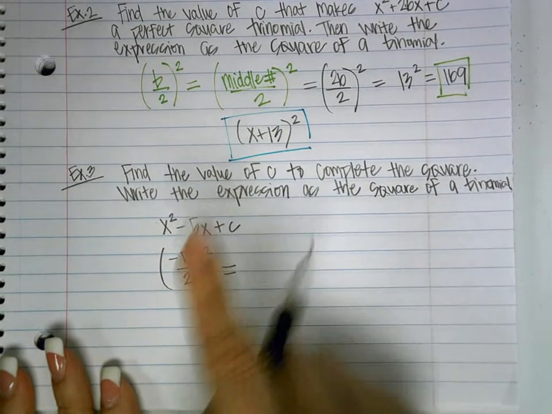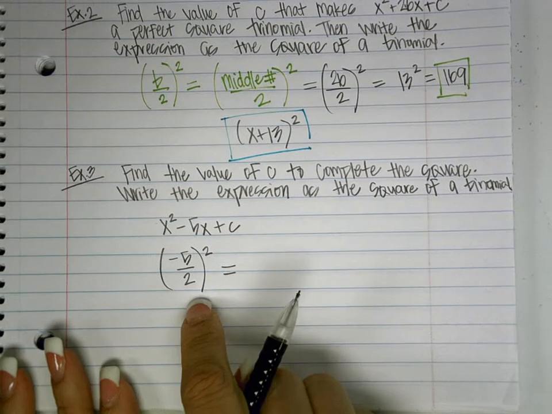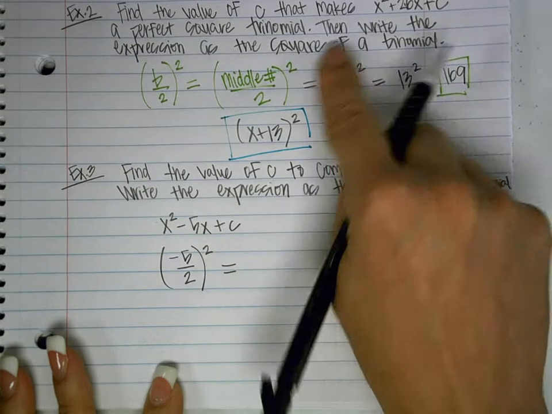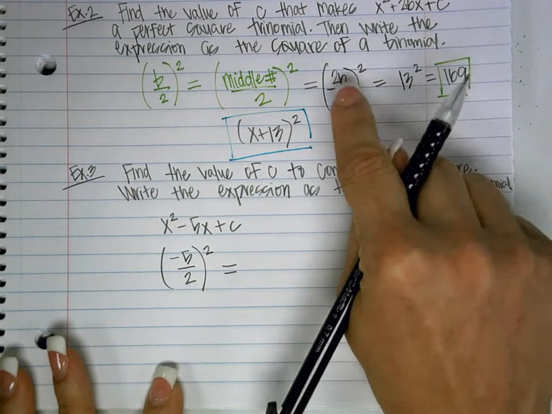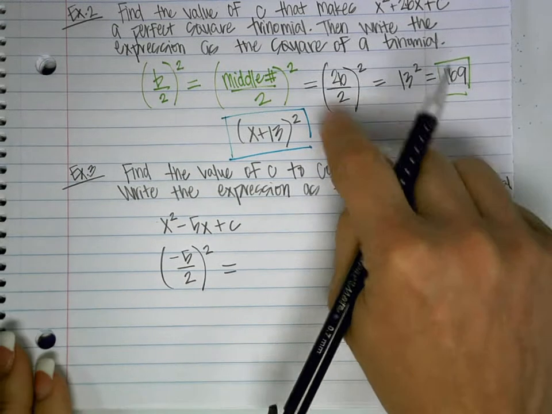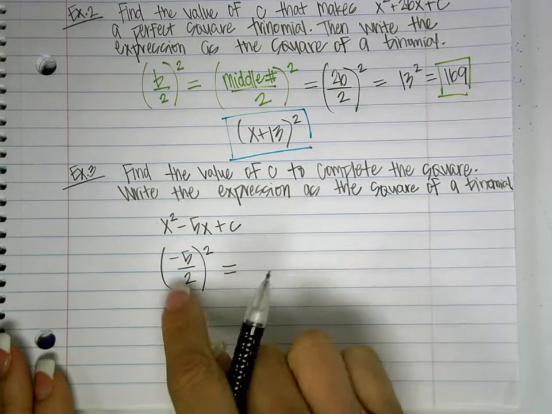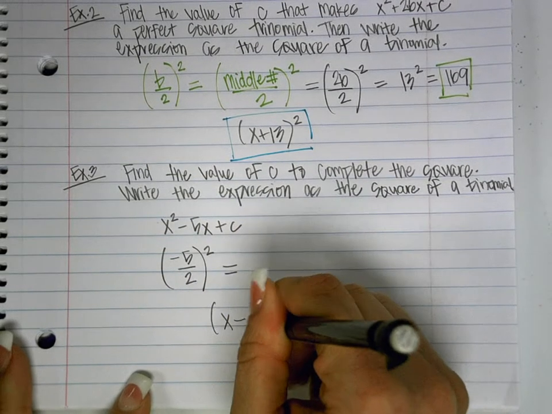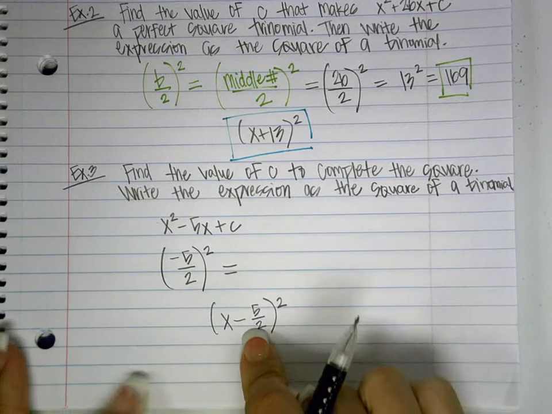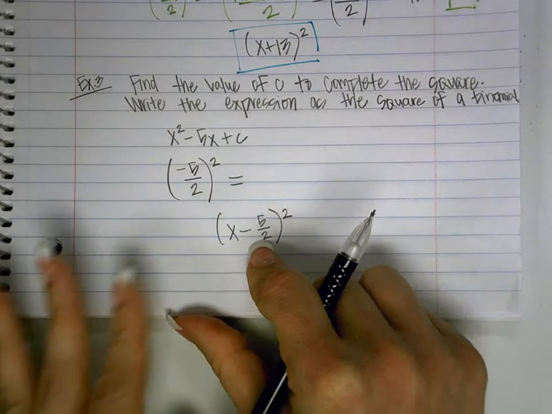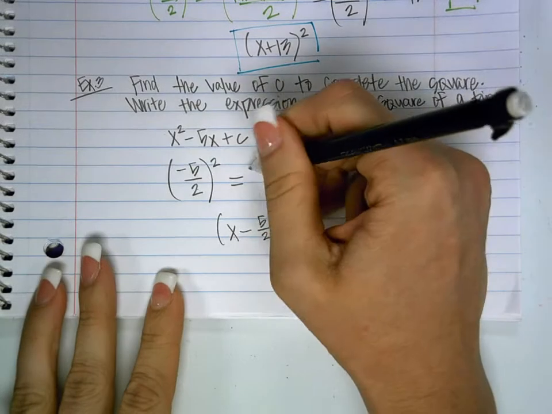Can I simplify negative 5 over 2? No, it stays just like that. Whatever's going to factor is always the middle number divided by 2, so this is what's going to automatically be inside your parentheses. Now, I haven't found the c value yet though. So how do I square that? What's negative 5 squared?